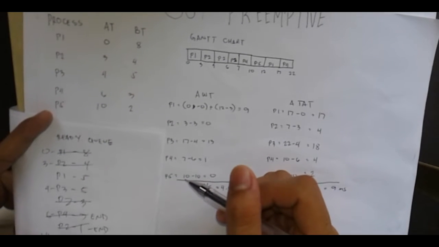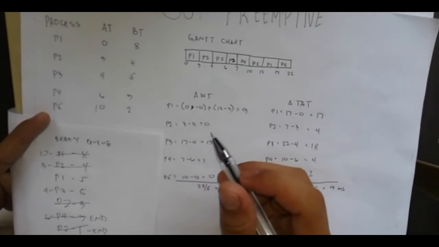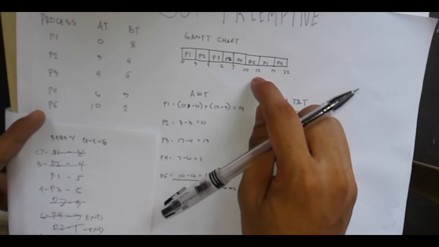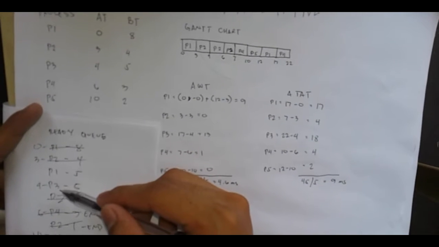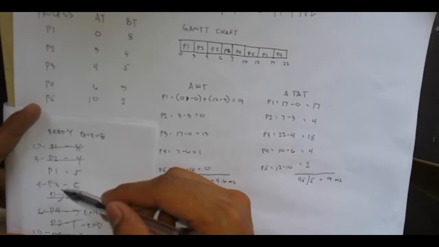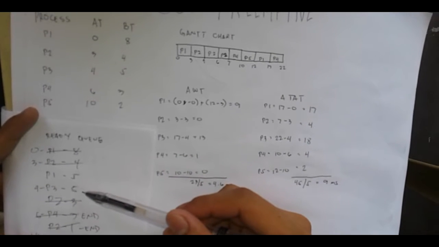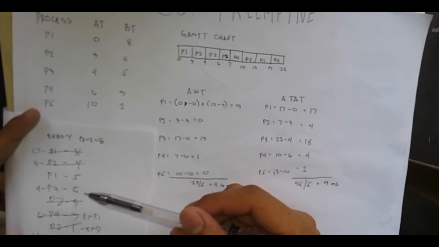Since P5 has the lowest burst time among the 3, it will run till time 12 and it will be ended. Since P1 and P3 are the remaining processes in the ready queue, and they have the same burst time, we will apply first come first serve.